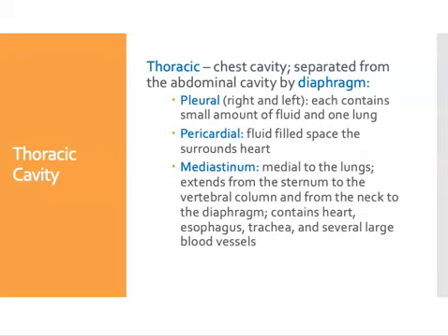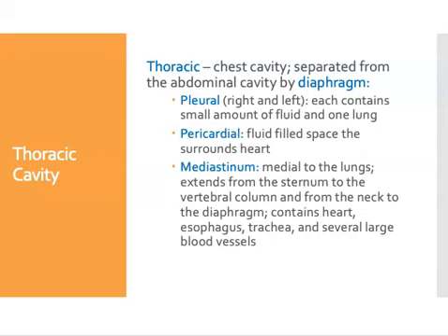Let's talk for a minute about the structures that are found within the thoracic cavity. The thoracic cavity, or what some people refer to as the chest cavity, remember, is superior to the abdominopelvic cavity, and it's separated from it by that sheet of muscle called the diaphragm.